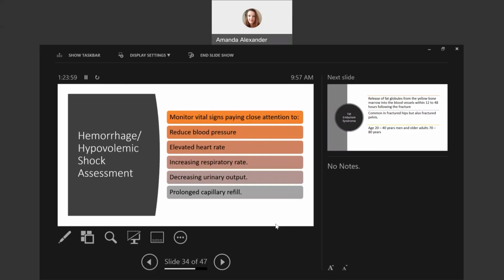When we're discussing hemorrhage and hypovolemic shock assessments, remember vital signs, blood pressure, heart rate, increased respirations, decreased urine output. Anything below 30 cc's an hour is not enough. That patient is at risk. Prolonged capillary refill, anything more than 3 seconds, that patient is at risk.